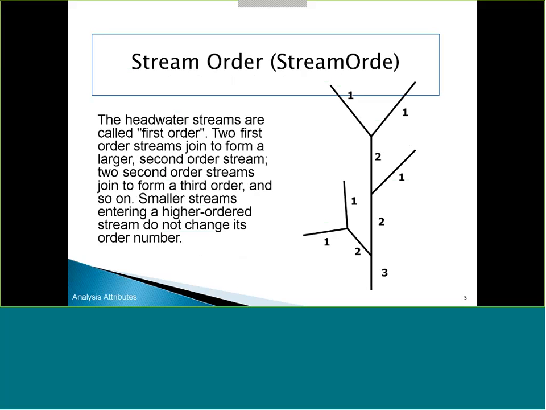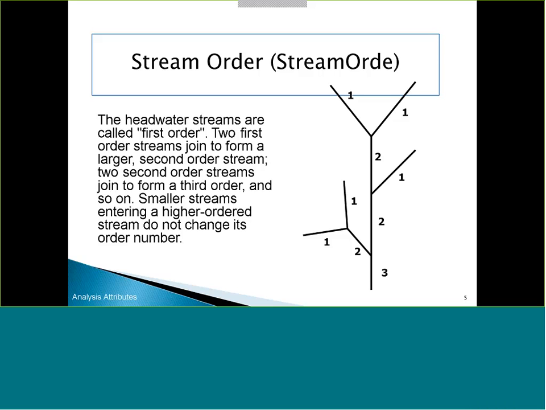Okay, stream order. The stream order is modeled after Strahler, although Strahler the algorithm only works on a dendritic network, so we had to modify it a bit to make it work with our 60,000 flow splits. But essentially, Strahler says your headwaters are order 1.